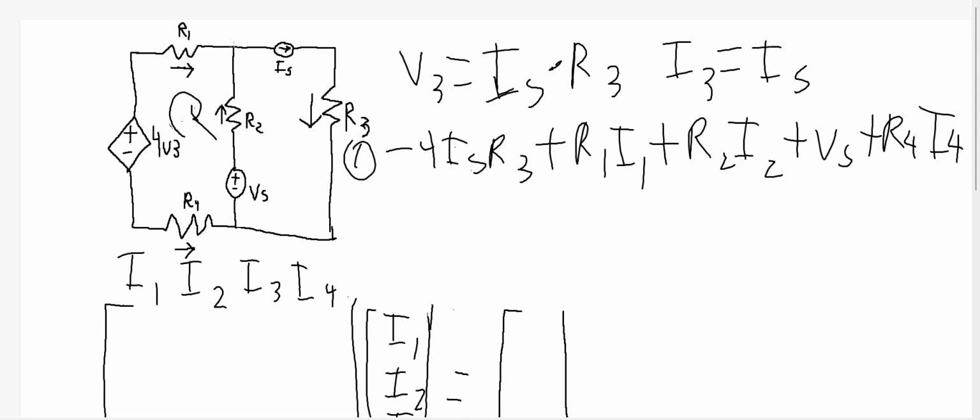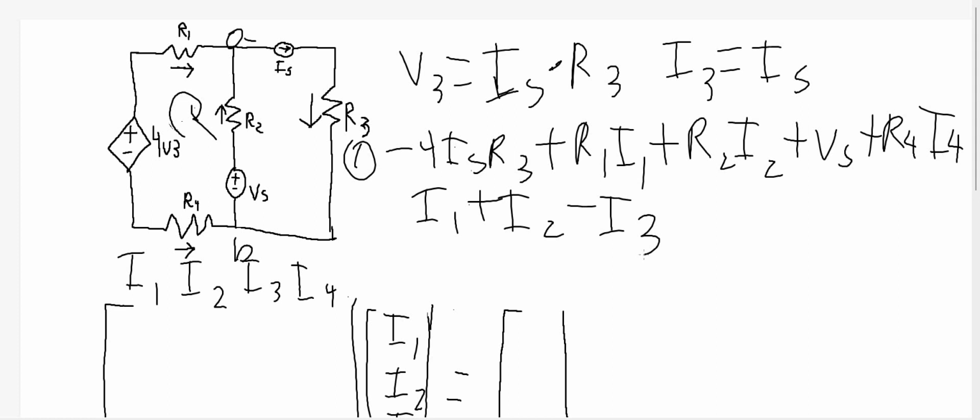So we set up the nodes. I'm going to do a node there and a node there in order to get us all the information that we need. So to calculate node A, we're just going to use Kirchhoff's current law, which states that all current going into a node must go out. So that's pretty easy. We just do I1 plus I2 because both I1 and I2 are going in, minus I3 because it's going out.